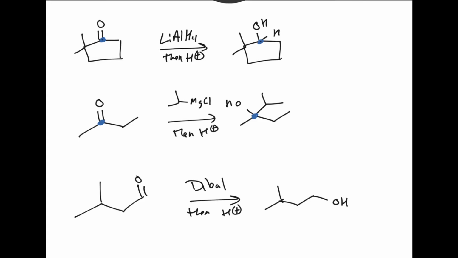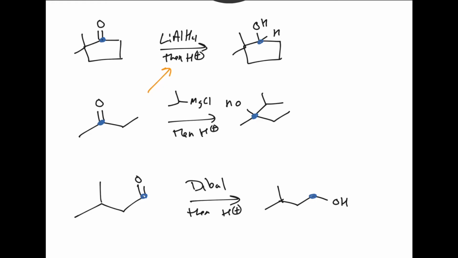All right, so these are all basic conditions to do the addition to a carbonyl, right? And kind of the giveaway here is the then H plus, right? So very similar to additions to epoxides, right?